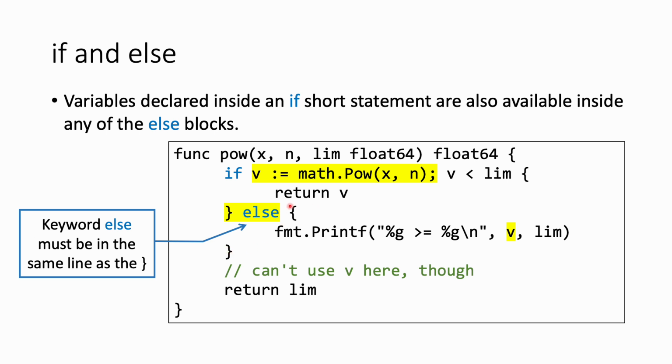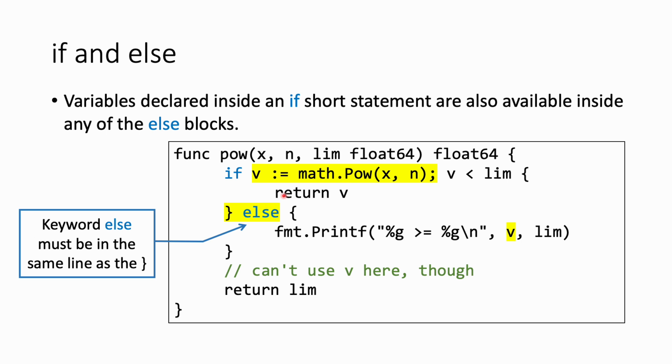Like in the if and the for statements, the braces are required in the else block. Also note that variables declared inside a short statement in the if statement are also available inside any of the else blocks associating with the if statement.